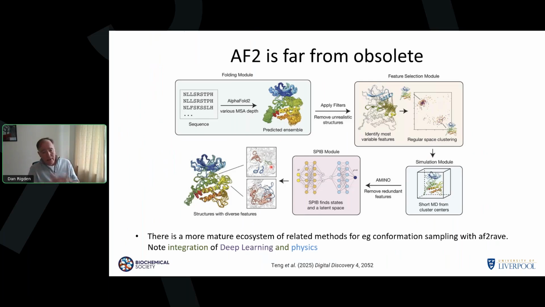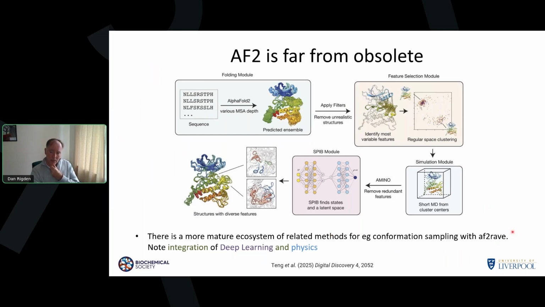And another thing in favor of AlphaFold 2 is it's better understood, and there's a much more mature kind of ecosystem of methods around it. One particular sub-area of methods is all to do with conformational sampling, and people have done endless different ways of manipulating the MSA to give you slightly different structures out of AlphaFold.